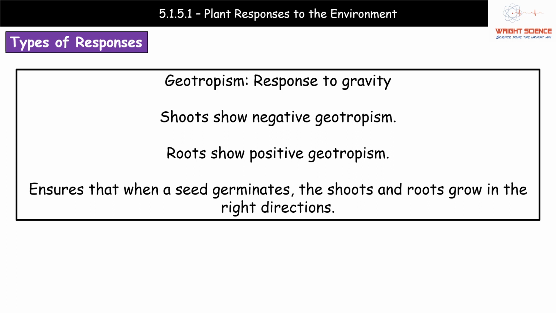So our shoots are going to be aiming basically up into the air. That's their goal in life, and therefore it's going to be negative geotropism because it's the opposite direction to gravity's direction. Roots, however, are going to show that positive geotropism because they're growing in the same direction as gravity.